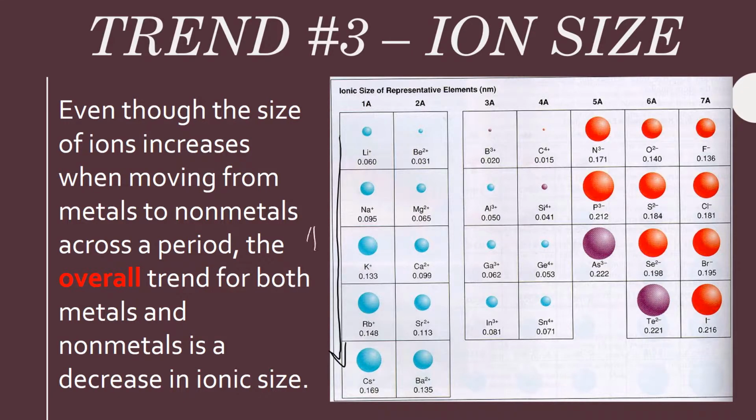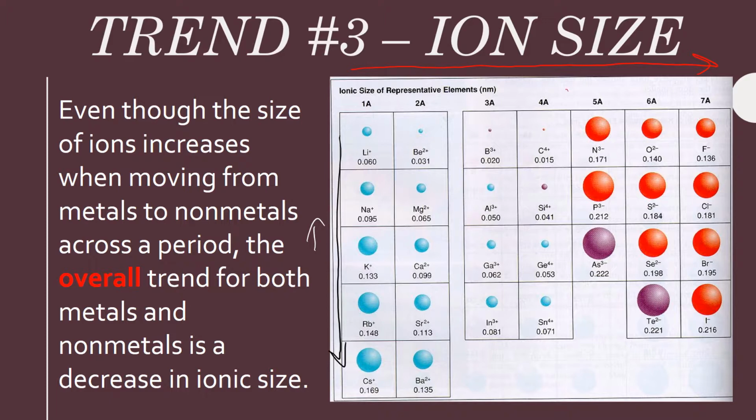So going down, sodium is larger than lithium, potassium is larger than sodium, rubidium is larger than potassium. This is just like atomic radius. And also, just like atomic radius, as you go from left to right, the radius does decrease.